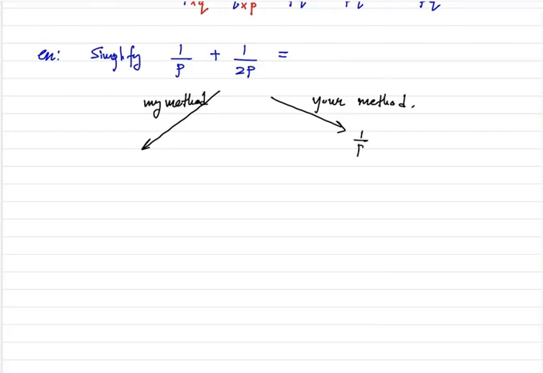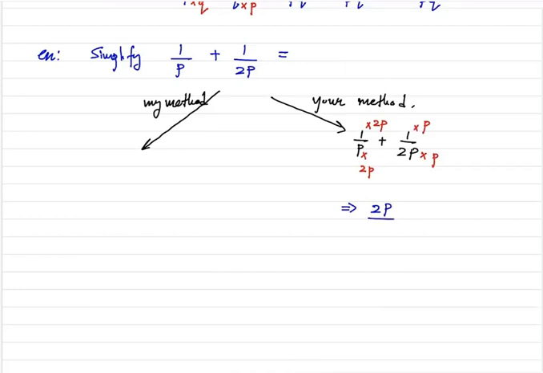You have 1 divided by P plus 1 divided by 2P. So what you did, you multiply this by 2P, you multiply this by 2P. Then you multiply this by P, you multiply this by P. Correct? 100% correct. Then you try to simplify this. So what is 1 times 2P? 1 times 2P is 2P.